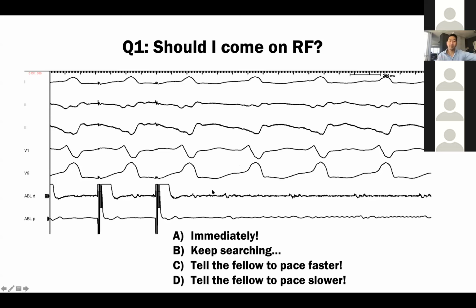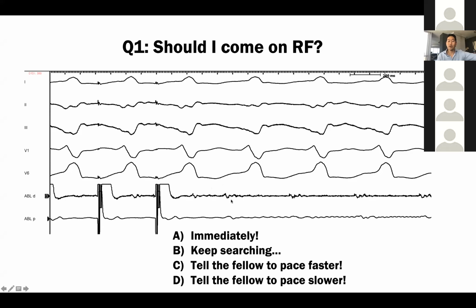But let's go with that, because we always say high frequency signals are near field and low frequency are far field. And nobody in the world knows how near is and how far is. But for the sake of this interpretation, let's go with this component or this one. Well, this one here is not captured, because if you captured this one, then your stim to QRS should be this long.